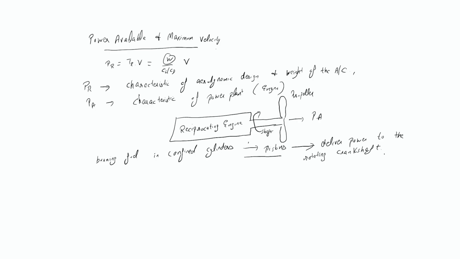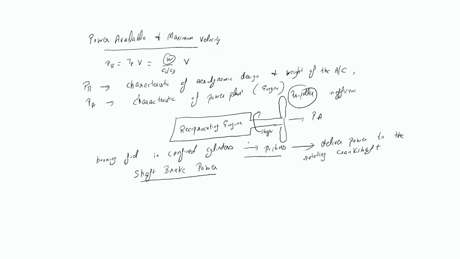Power delivered to the propeller by the crankshaft is defined as shaft brake power. Okay, remember this. But again, not all power is available to drive the airplane. Some is lost due to the propeller inefficiencies.